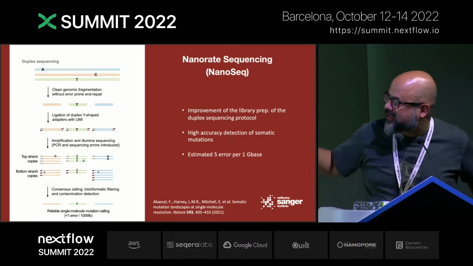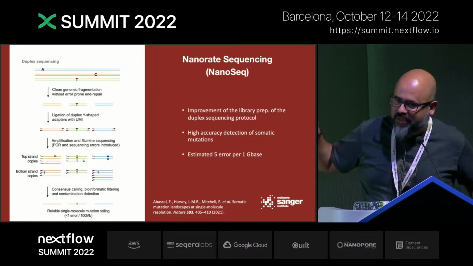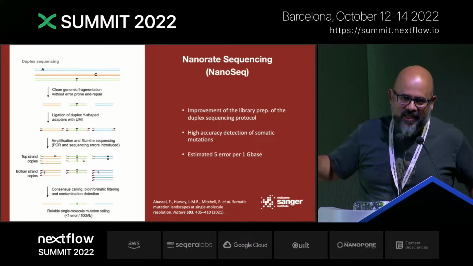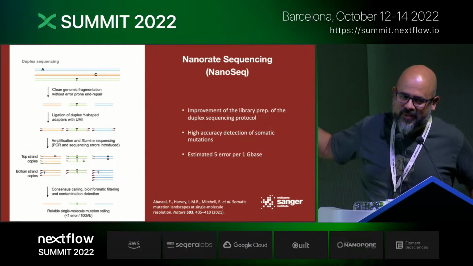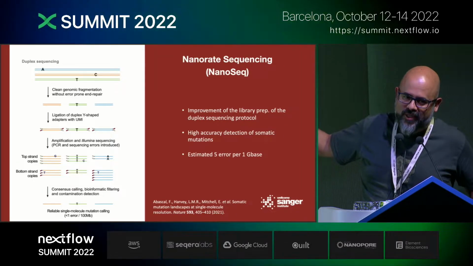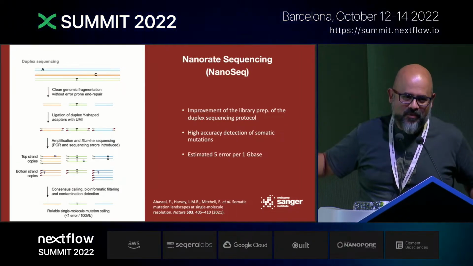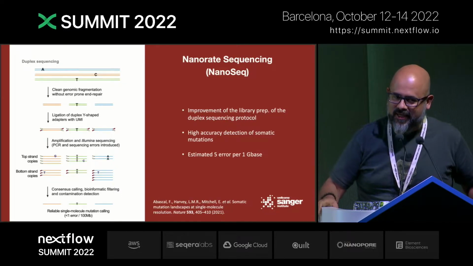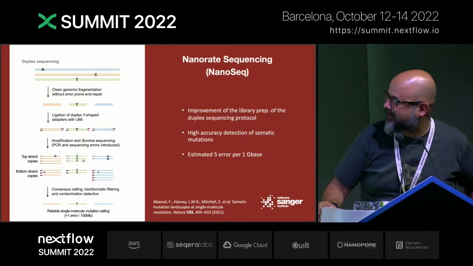So this sequencing protocol is called Nanorate sequencing, and it has a bit of an unfortunate title, usually shortened to NanoSeq, which can be very confusing because Oxford Nanopore also has something called NanoSeq.